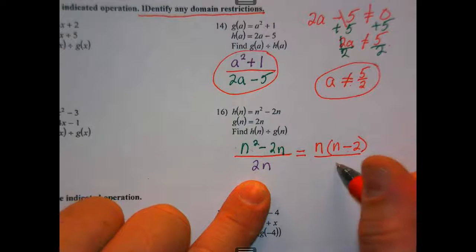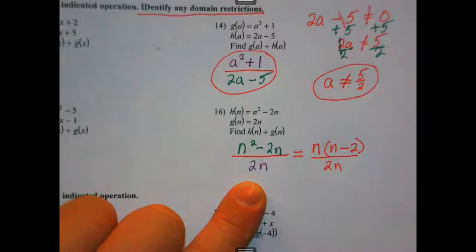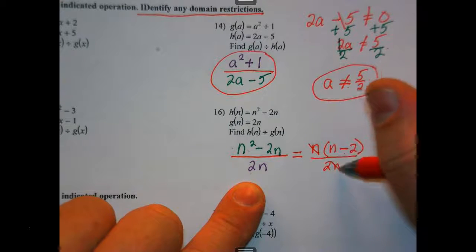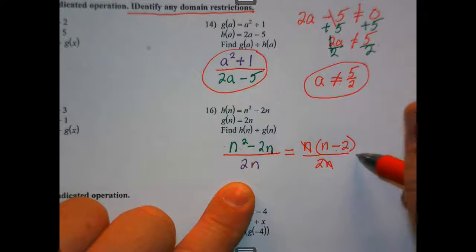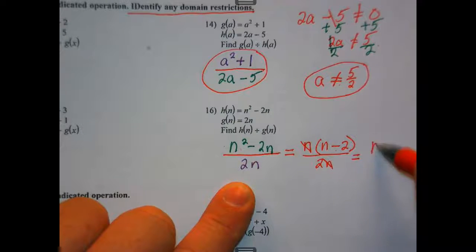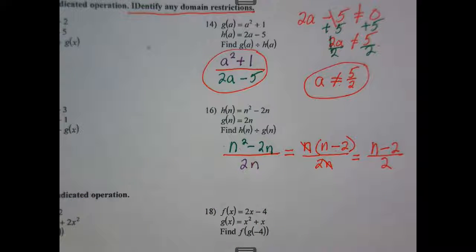So now I'm down to 1 term. Now I can cross out my n's, or I could have just crossed out an n on every term. Either way, I'm left with n minus 2 over 2. That's as far as I can go.